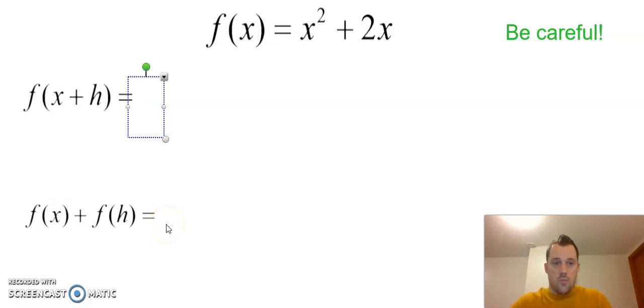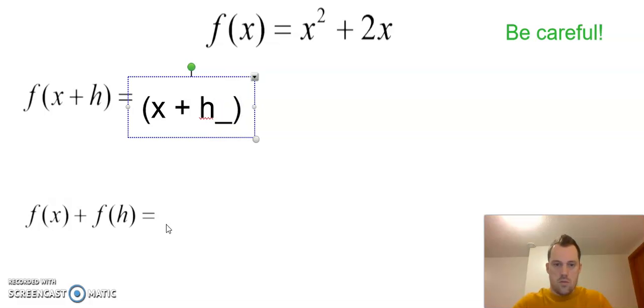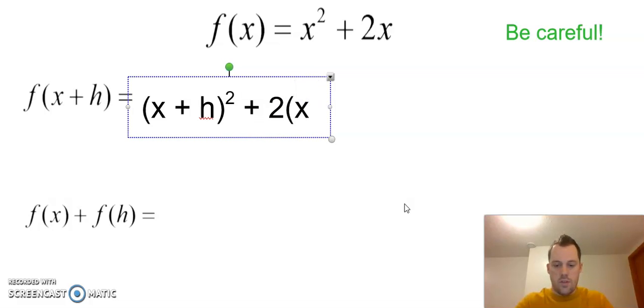So we just end up with f of x plus h is equal to, and I'm going to substitute x plus h in for wherever we see x in our equation, plus 2, and I make sure to put parentheses around it.